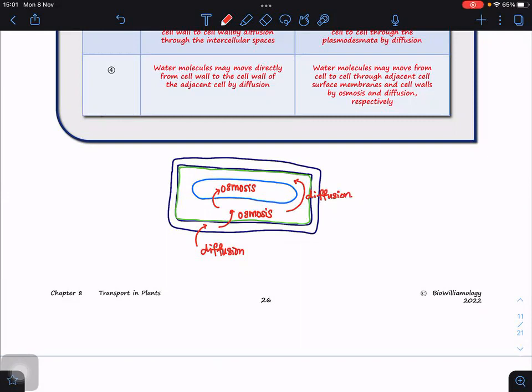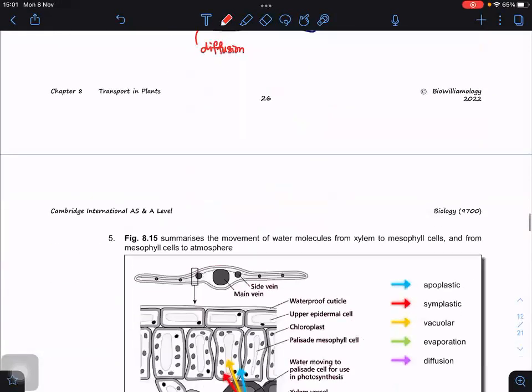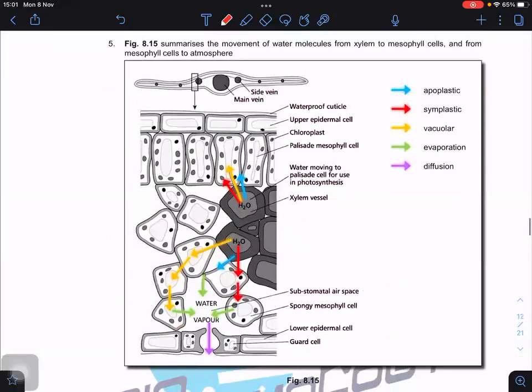So it depends on what you actually describe. Are you clear? Okay. So the overall process is summarized in this diagram. But one thing that every year students get confused about and ask me the same question, because of the arrow here. I can't get a better diagram, so I say be careful, evaporation always takes place from the cell wall. So this arrow is a little bit wrong here when talking about evaporation. Evaporation cannot start from the cytoplasm.